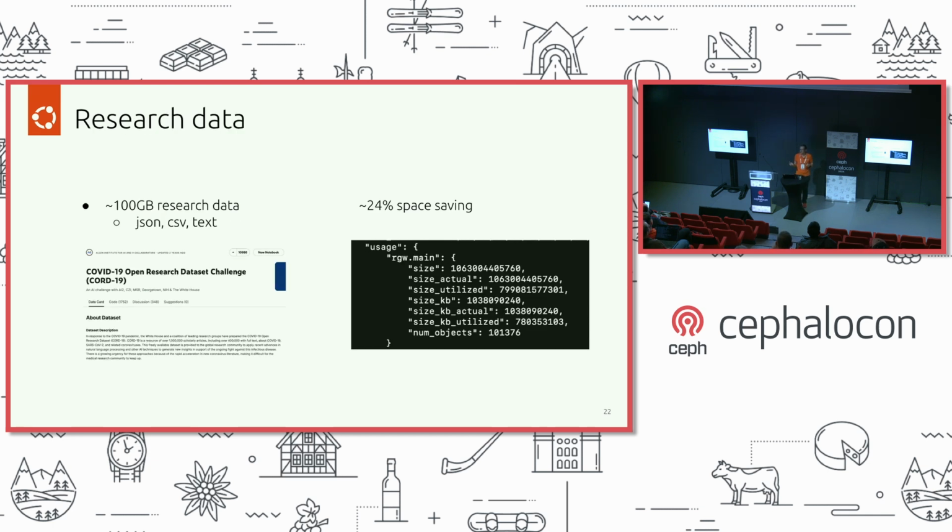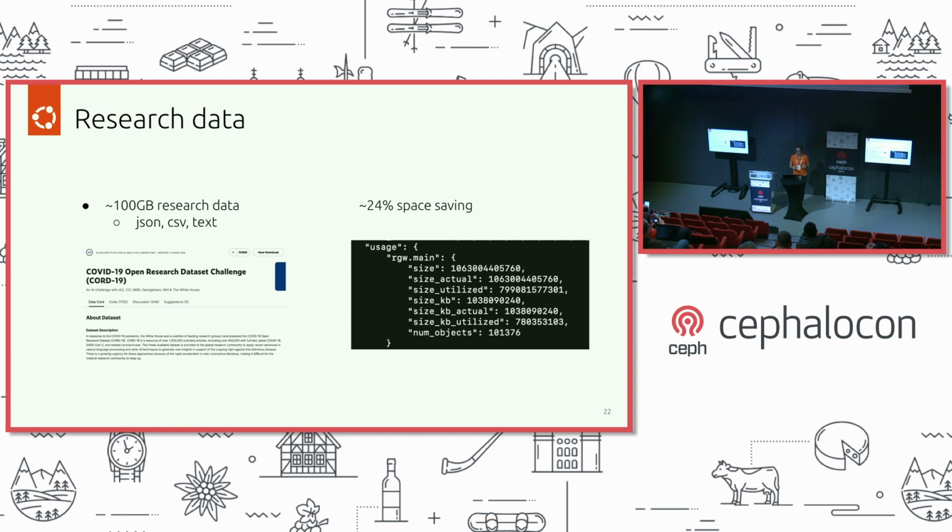So what other data sets could we look at? Some research data. Back when COVID-19 was a thing, the Allen Institute, let's leave it as that, provided a 100 gig data set of research data, and they challenged folks in the machine learning community to mine the data and make more informed decisions around COVID-19.